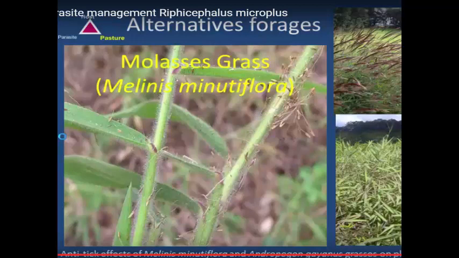As you can notice, it has long trichomes or hairs on the stems and leaves. Those hairs are basically going to immobilize the movements of ticks. And the other thing is this plant has a resin, which is not only responsible for the smell of the molasses, but that resin has really a strong repellent effect on ticks. Again, this grass would probably be most likely effective if it comprises a large proportion of any pasture sward.